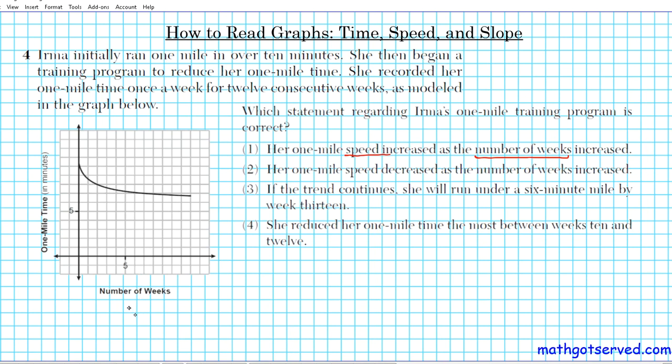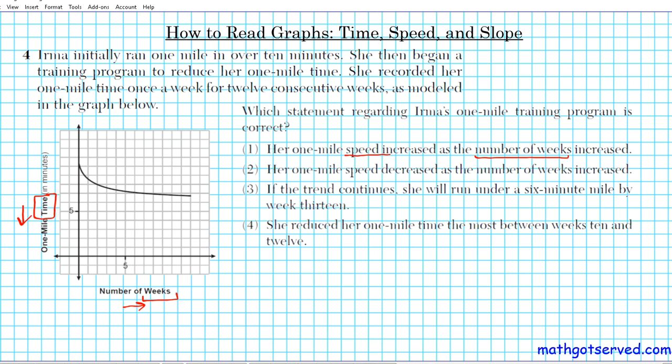As the number of weeks increases, the 1 mile time decreases. This graph is showing the relationship between 1 mile time and number of weeks. But option 1 is asking about the relationship between 1 mile speed and number of weeks. So how can we connect time to speed?